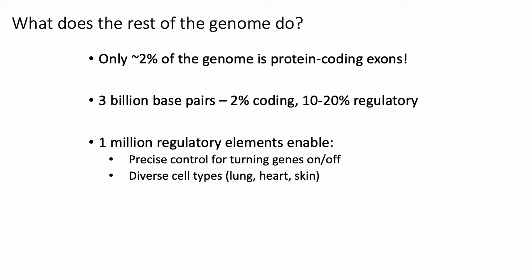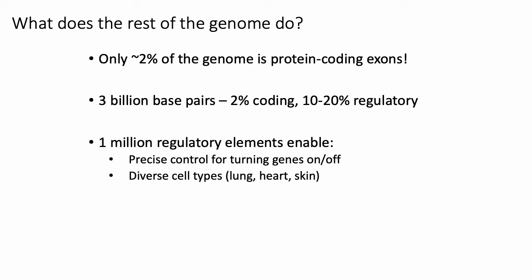A big open question that we haven't been able to answer completely to date is what the rest of the 98% of the genome does. What we've been able to decipher so far is that about 10 to 20% of the human genome is regulatory, meaning it encodes somewhere on the order of 1 million regulatory elements.